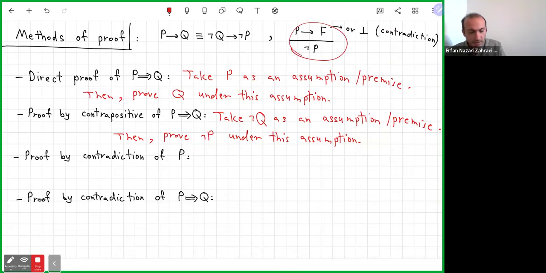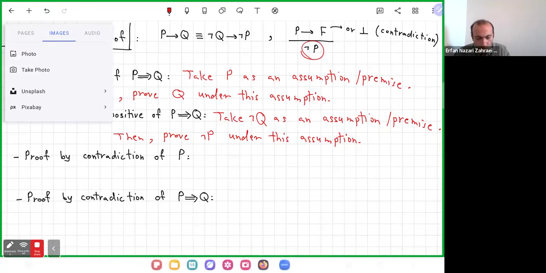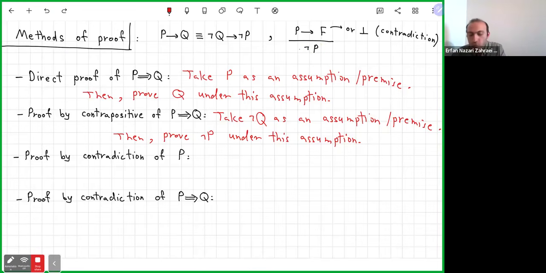It says if P implies false, always false, or in other words, P implies contradiction, then that logically implies not P. In other words, if you want to prove not P, take P as your assumption, then try to get a contradiction out of it. If you can do that, then you actually proved not P. So this is proof by contradiction.